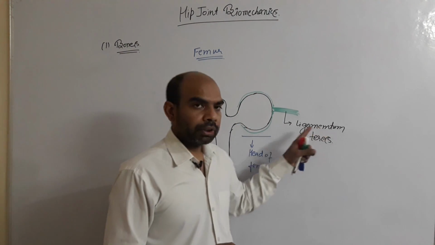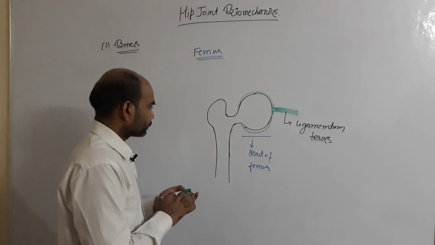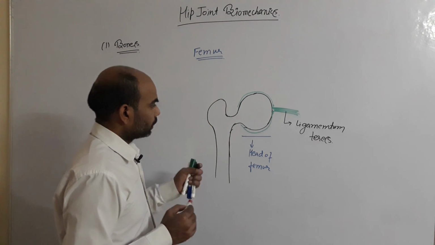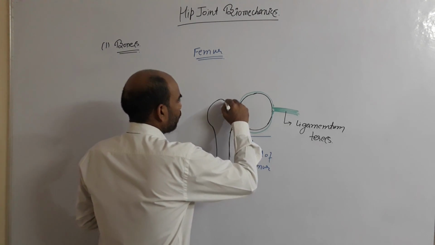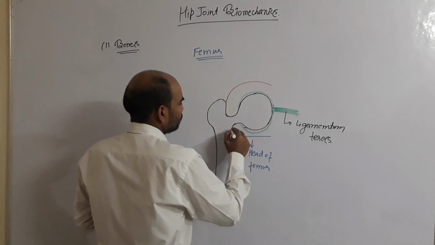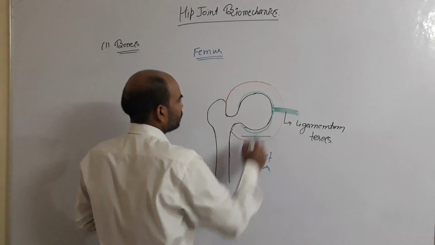Ligamentum teres is a ligament, and this hip joint has a capsule like this.